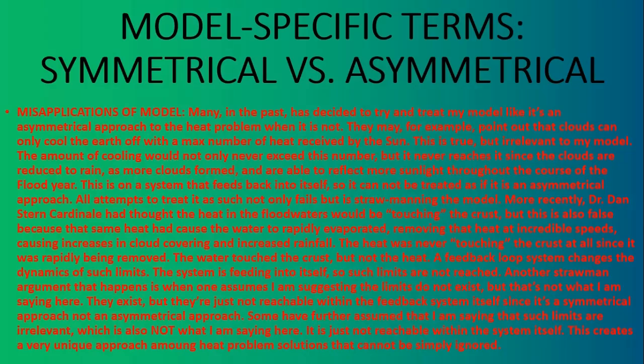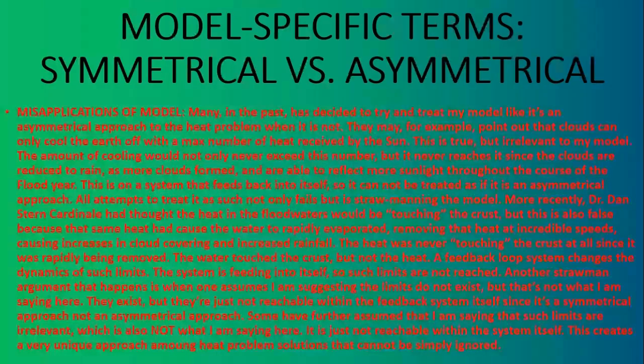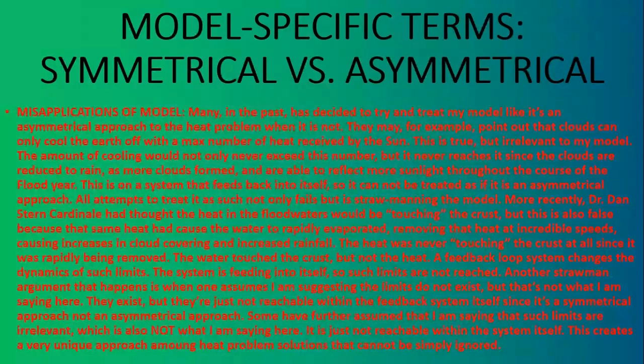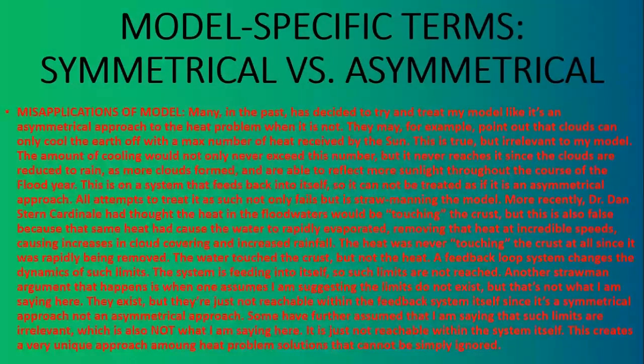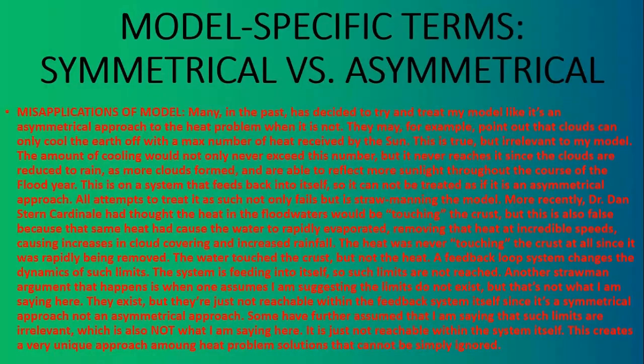A feedback loop system changes the dynamics of limits. The system is feeding into itself. Such limits are not reached. Another strawman argument is when one assumes I am suggesting the limits do not exist, but that's not what I am saying. They exist, but they're just not reachable within the feedback system itself, since it's a symmetrical approach, not an asymmetrical approach.